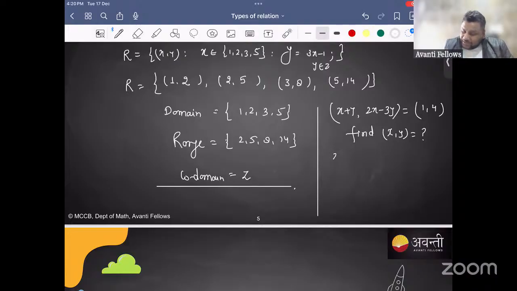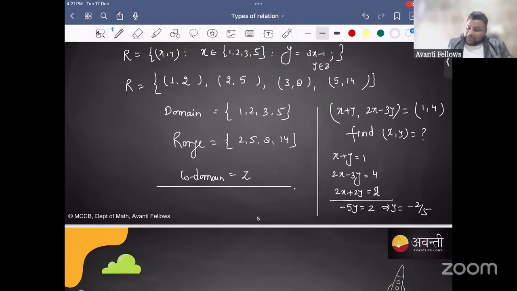That means x plus y is going to be 1 and 2x minus 3y is going to be 4. If you simplify, you get 2x plus 2y is equal to 2. If I subtract both of them, minus 5y is minus 2, which implies y is 2 by 5.